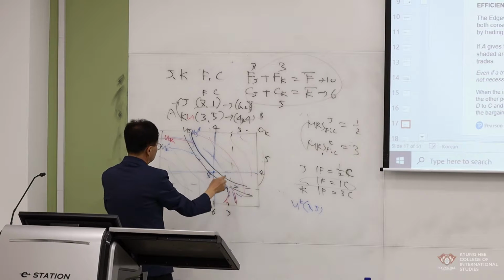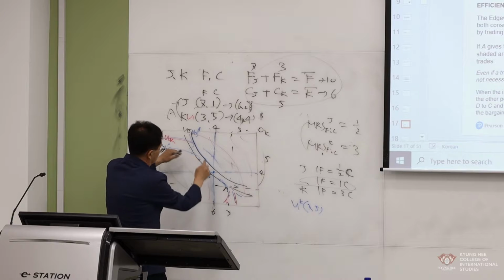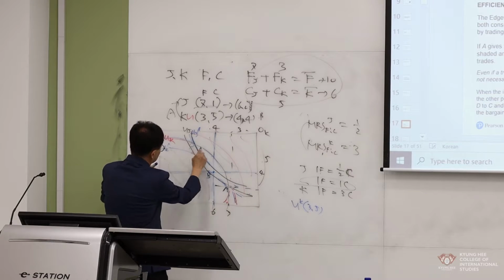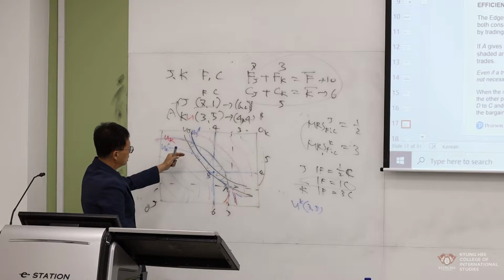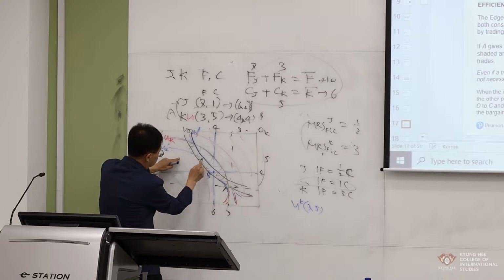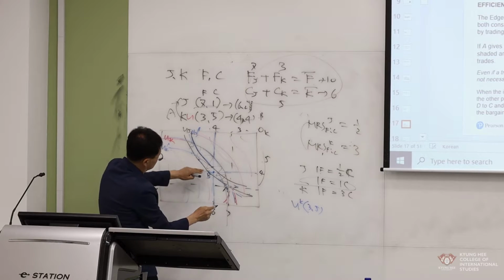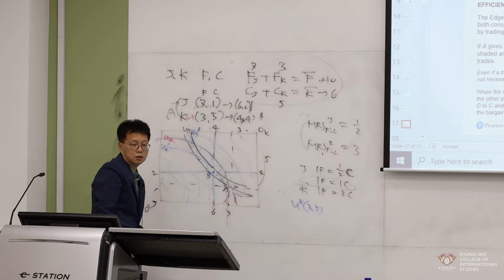Right? That is utility. The shaded area is this one. Right? And now at a certain point, the utility level is the same. For example, at this point, two indifference curves are tangent.